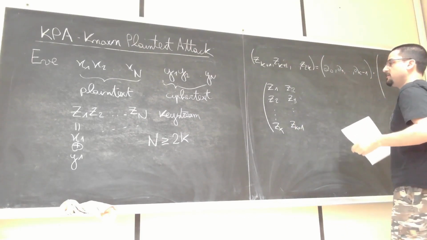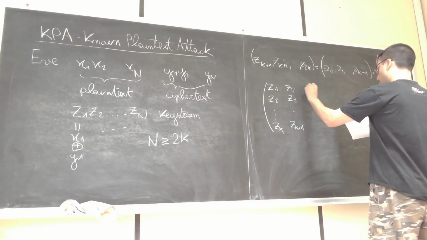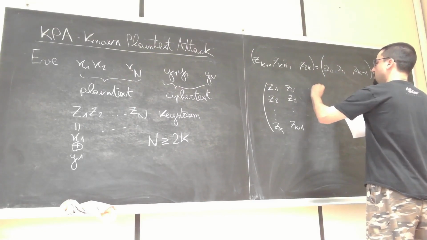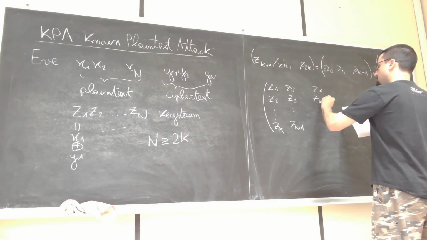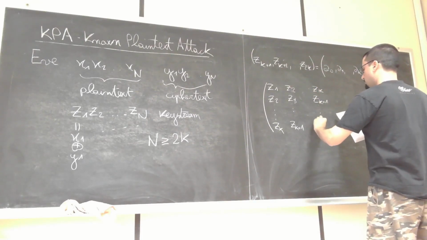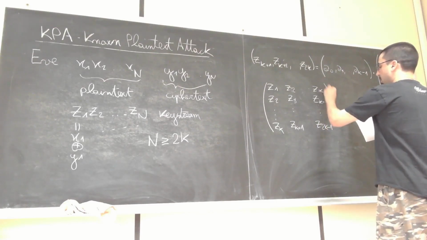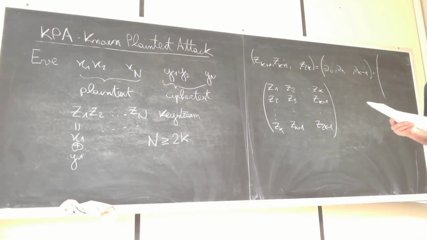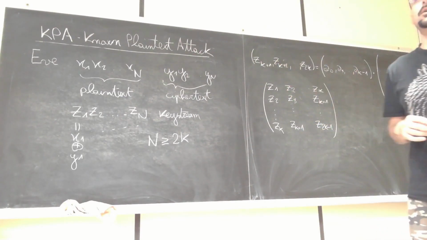So we shifted one place, and then we continue like this until we arrive at z(k+1) until z(2k minus 1).